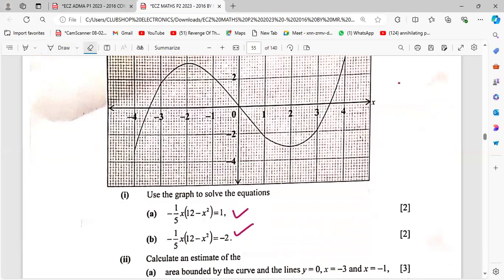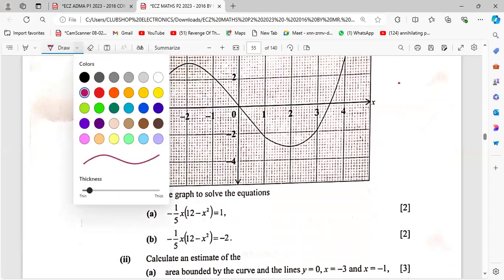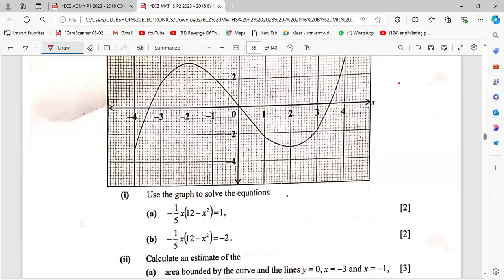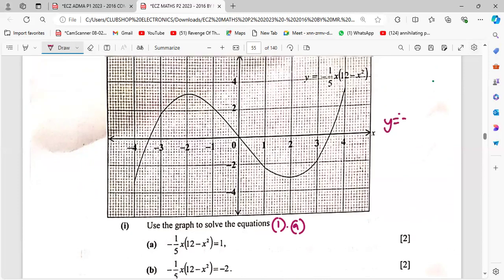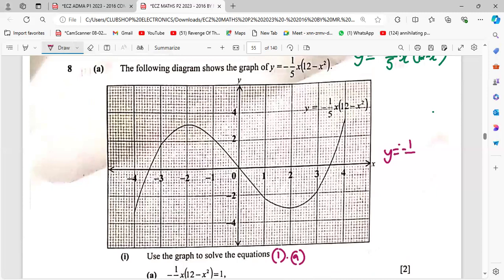Okay, number one. If you are answering this in an exam, you are supposed to put the answers in your answer booklet. So question 1 or Roman numeral 1, A, use the graph. Which graph are we talking about? y is equal to negative 1 over 5x, 12 minus x to the power 2. This is the graph they are talking about. All right?